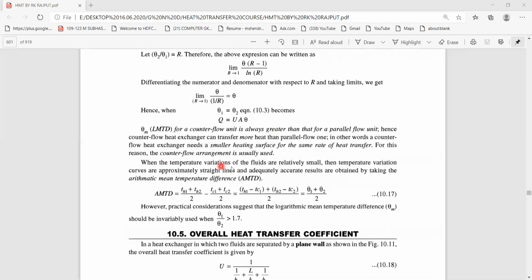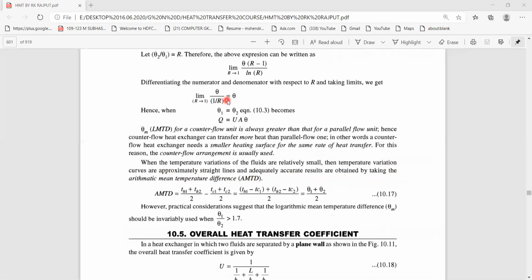Now when the temperature variation of the fluids is relatively small, the temperature variation curves are approximately straight lines. So adequately accurate results can be obtained by taking the arithmetic mean temperature difference. There is a difference between LMTD and AMTD.